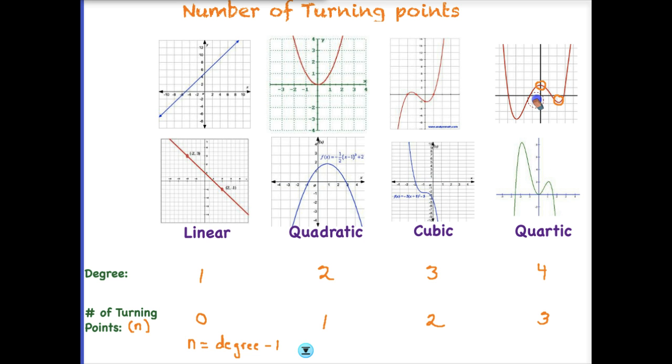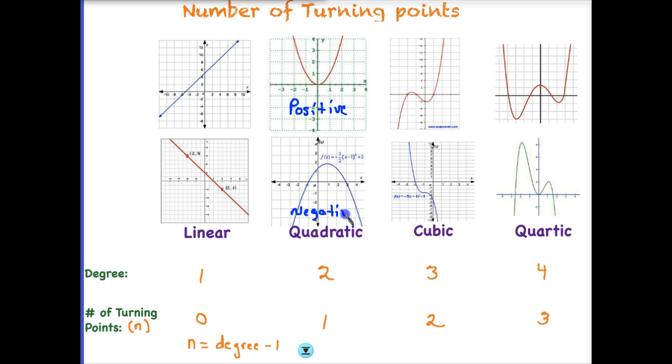Let's talk about whether the function is positive or negative. So in other words, does the function open up or does it open down? So we'll get back to the linear ones in a minute, but if we look at the quadratic, this one opens up, this one opens down. So if it opens up, we say this is positive. If it opens down, we say that it's negative.